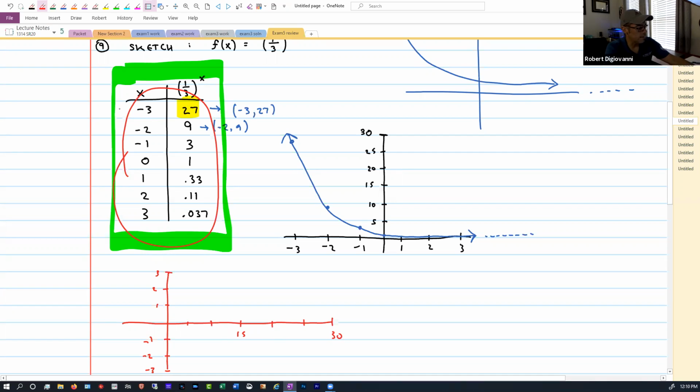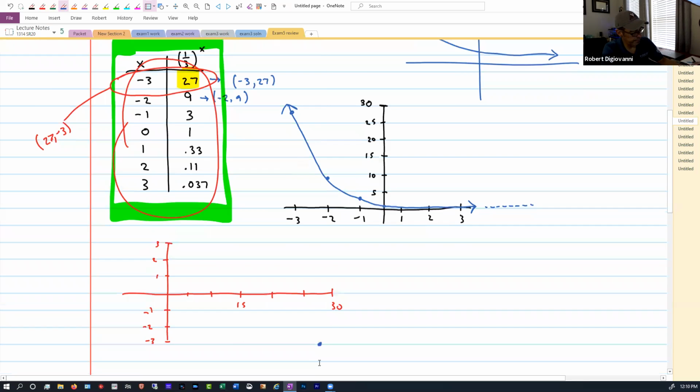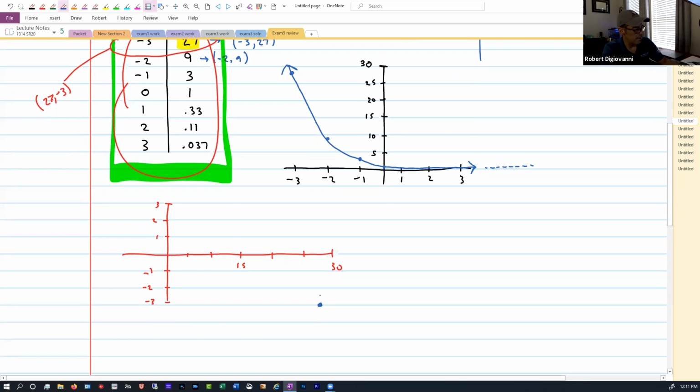Let me just take this first point. I'll plot one point here. That's going to become the point 27, -3. That means go to the right 27 and down 3. Be careful there. Down 3, that puts me here. And then as I do the other ones, we should get something like this.